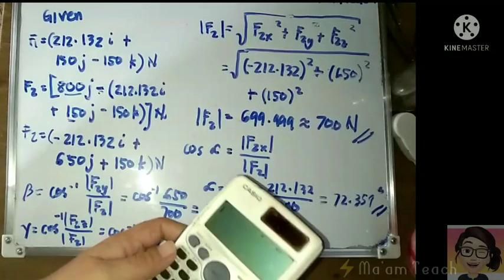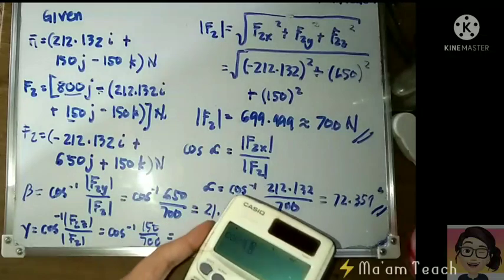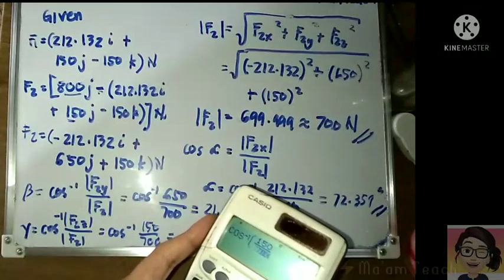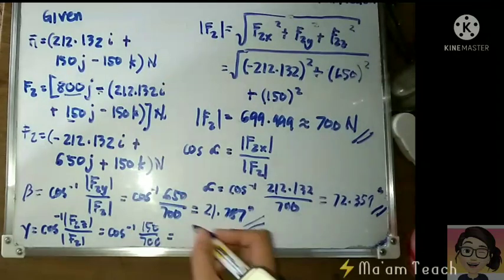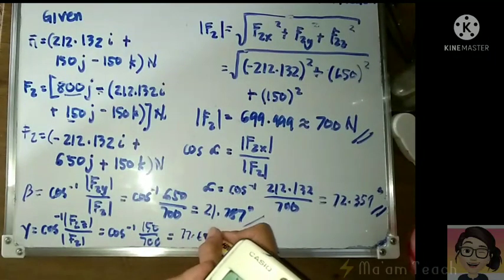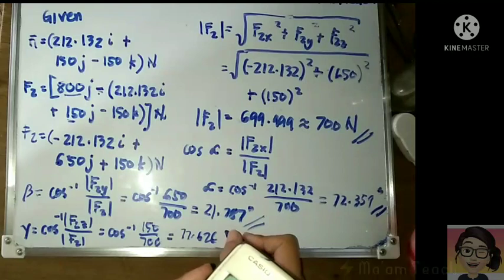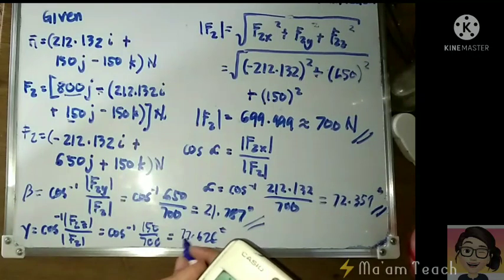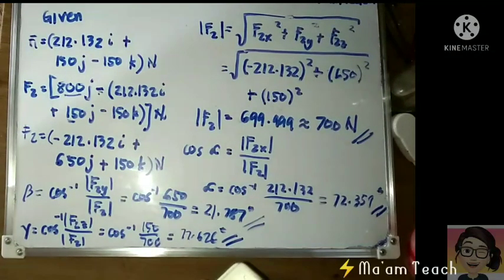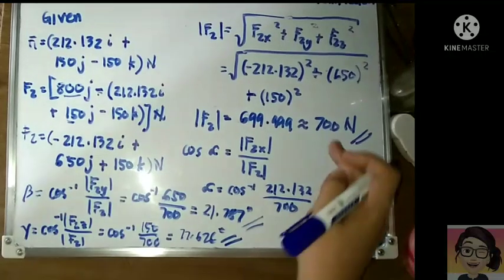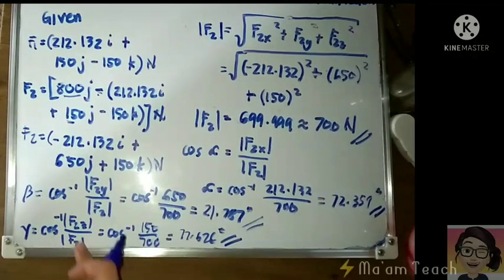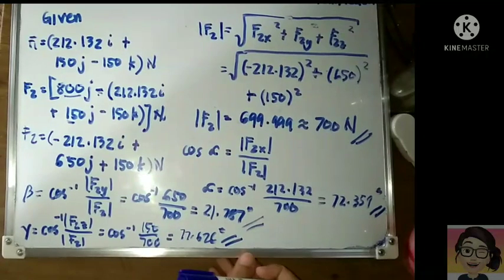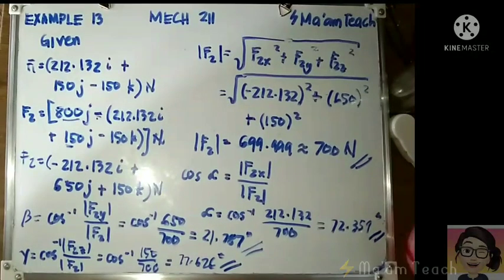So this is arc cosine 150 over 700. You'll have 77.626 degrees. Okay. And this is already an answer, class. So this is your magnitude and these are your coordinate angles, alpha, beta, and gamma. And that's it for the solution for example number 13.